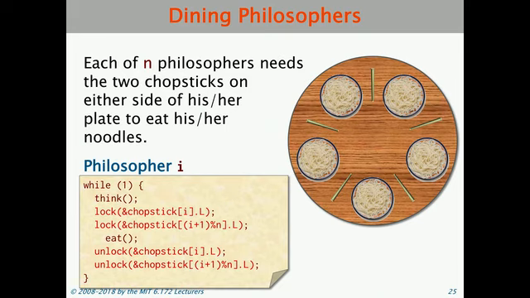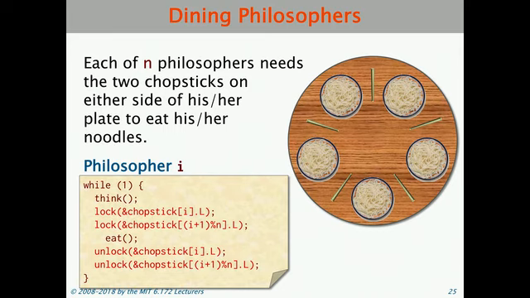Then it eats, and then it unlocks the two chopsticks, and now they can be used by the other dining philosophers, because they don't think much about sanitation and so forth, right? They're too busy thinking.